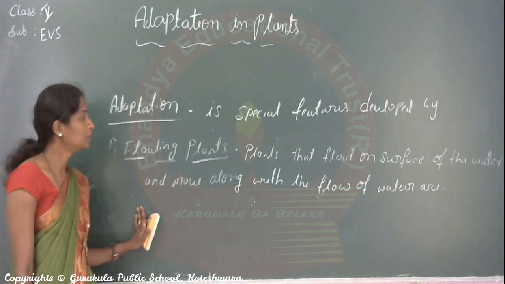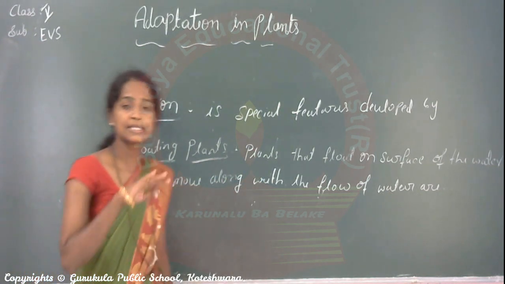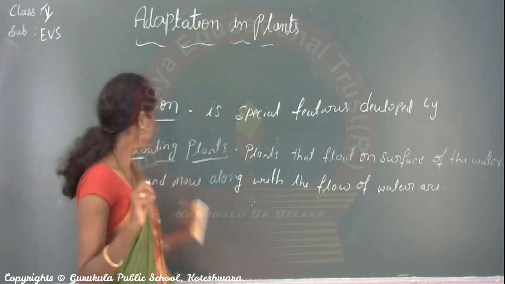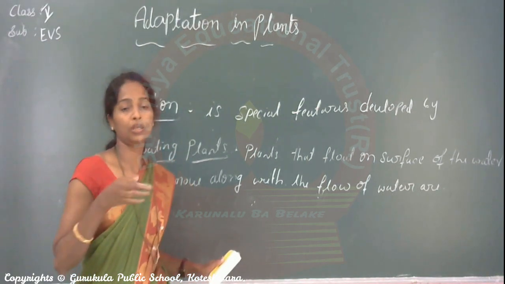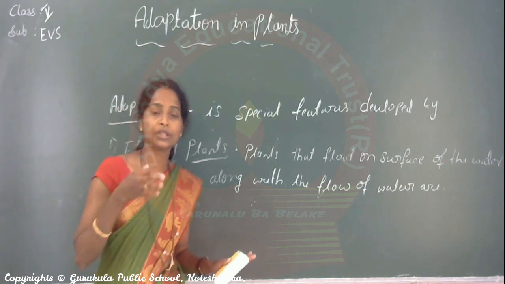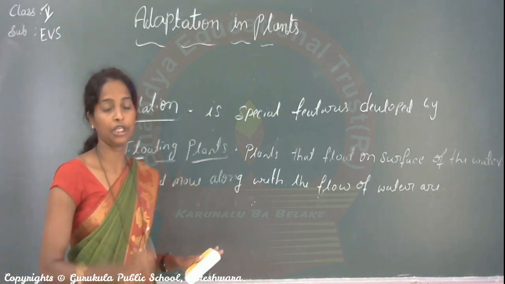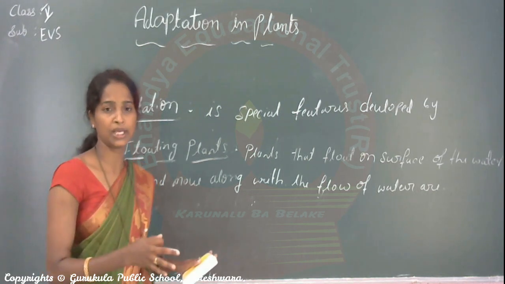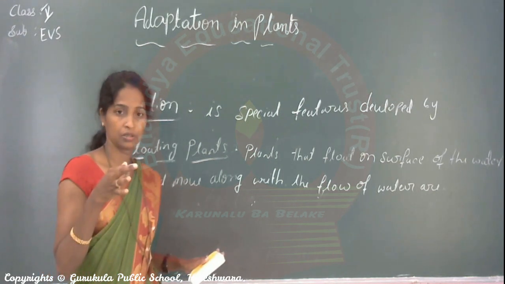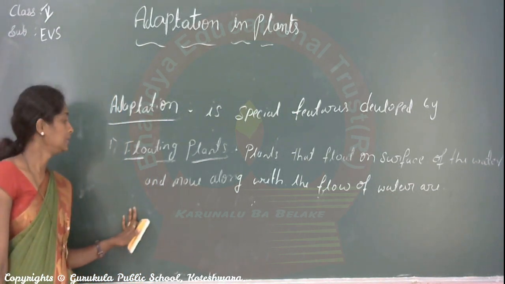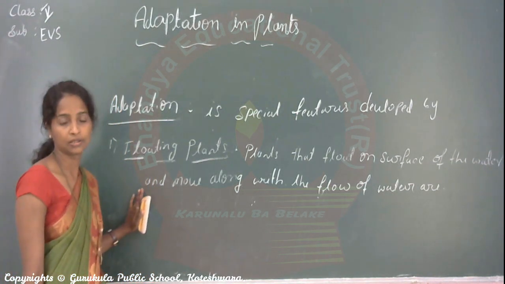They can move along with the water, along with the flow of water. It cannot be fixed in one place. It can move. Plants that move with the flow of water are called floating plants.